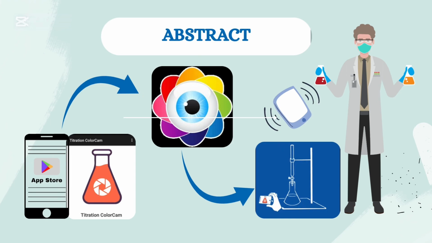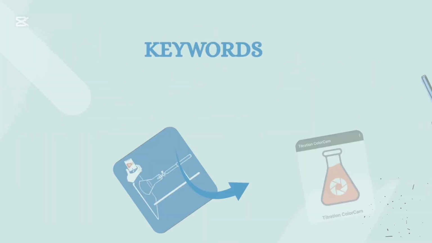This allows students to identify the endpoint without having to see the color. This technology represents a significant step toward a more inclusive science education, promoting autonomous, safe, and effective participation of visually impaired individuals in laboratory activities.